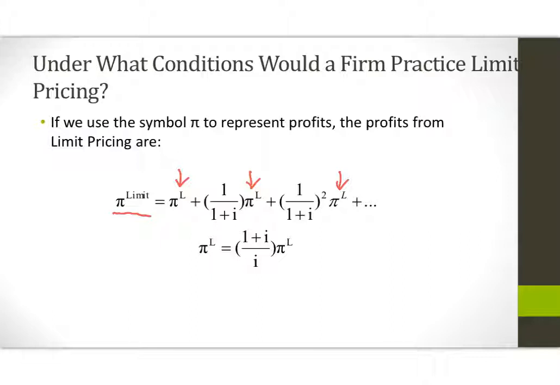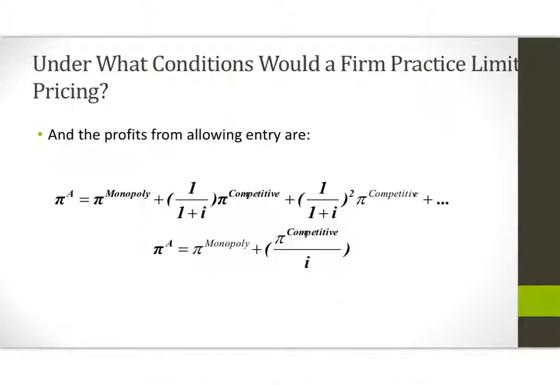And then we're just discounting that. If the market's growing, the limit profits don't have to be the same, but we're being very general here. And then we can take the geometric or arithmetic sum and we get this formula. So profit limit is 1 plus the interest rate divided by the interest rate times whatever that amount is that you're getting every period. So that's your benefit from limit pricing.